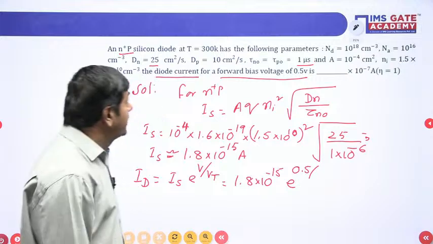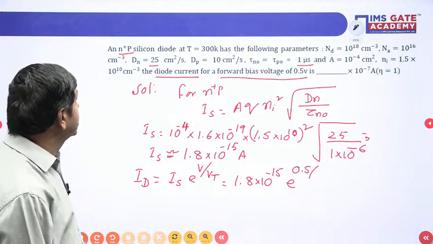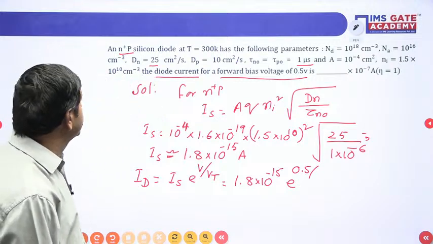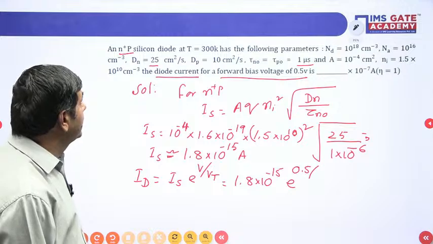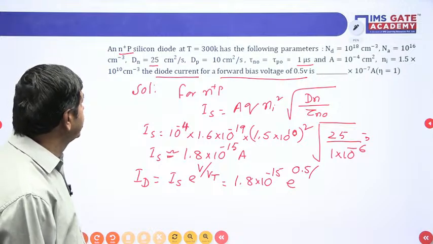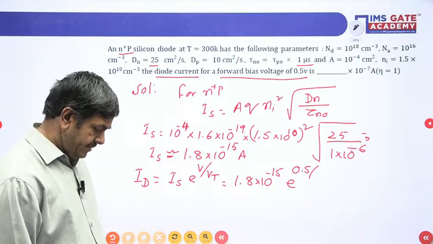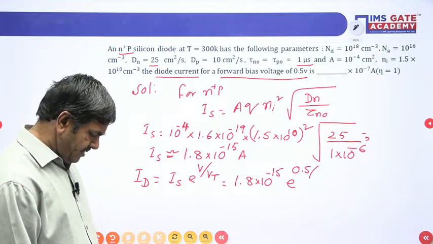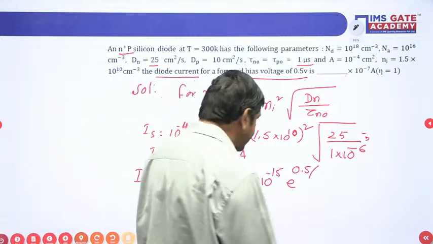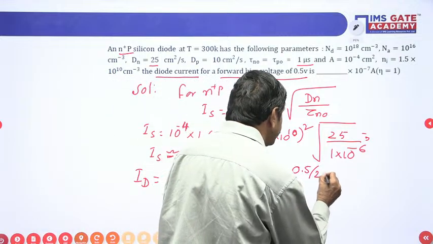Divide by the thermal equivalent voltage. Please check whether it is given in the problem. Here the Vt value is not given. If it is not given, you can put it as 26 millivolts only.